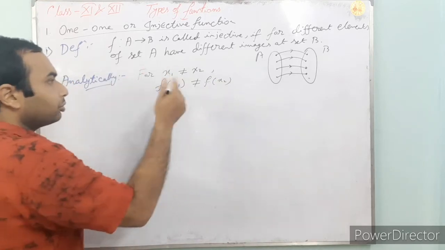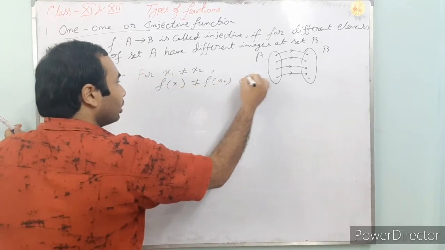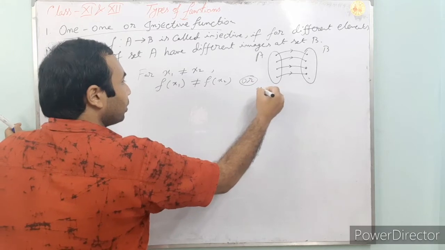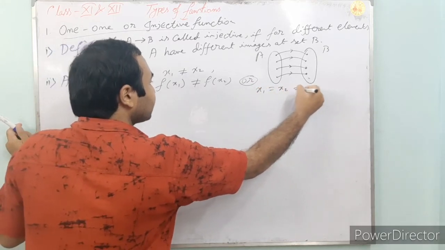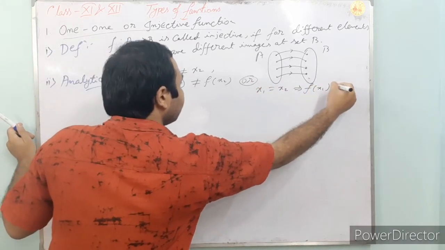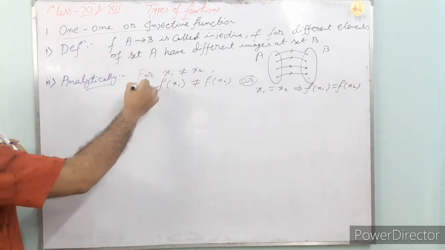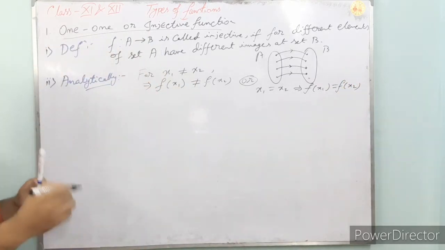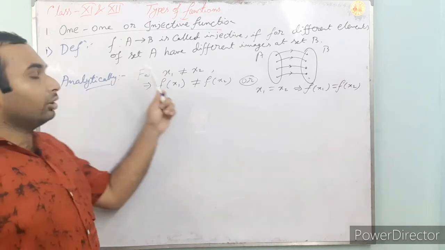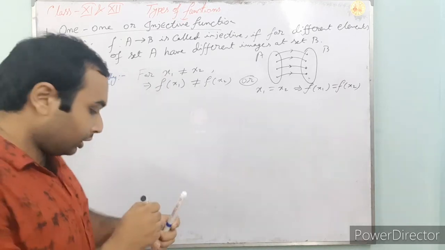Or you can say it with equality also: x1 equals x2 implies that f of x1 equals f of x2. This is the analytical definition of the one-to-one function.